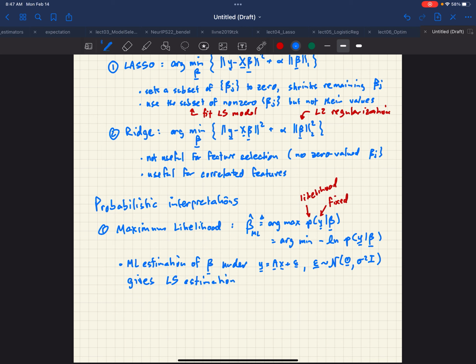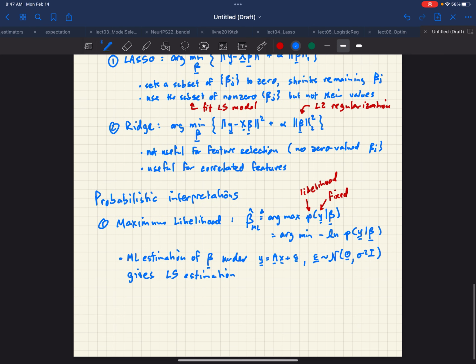So it explains what we had proposed to do heuristically in units 1 and 2.